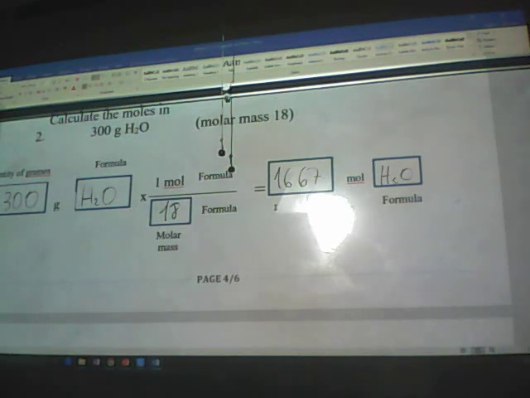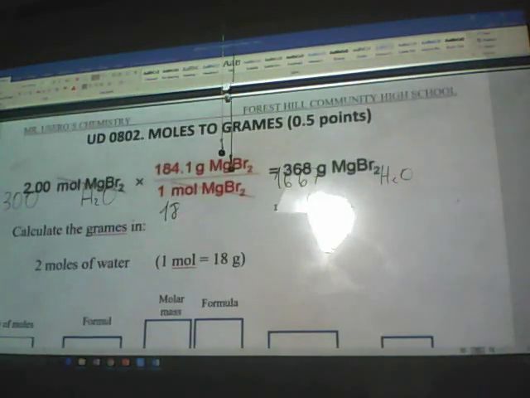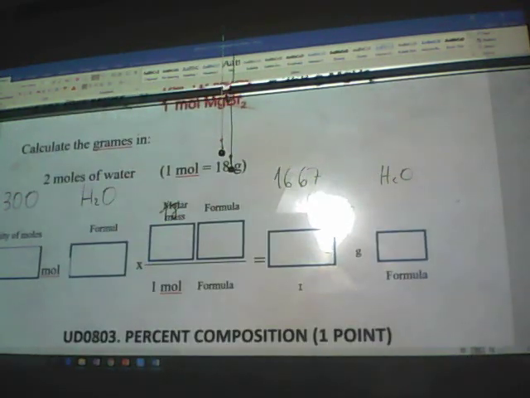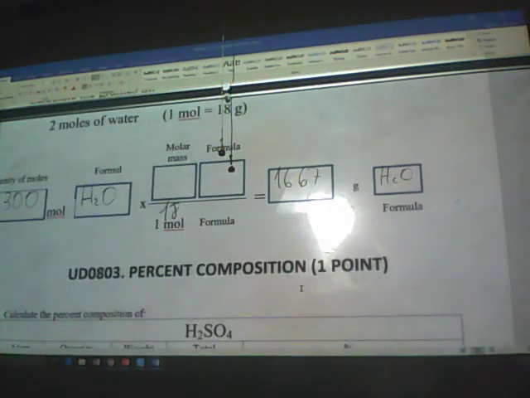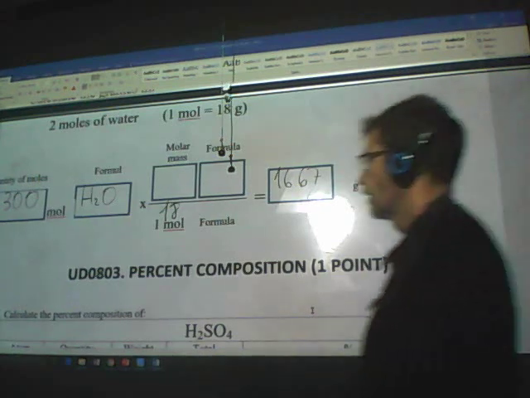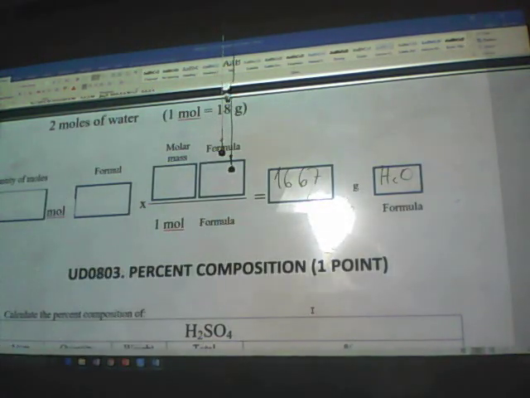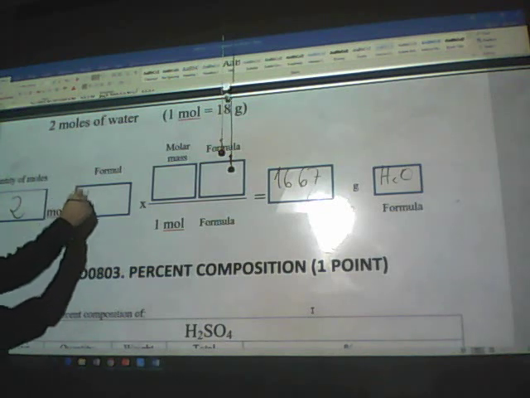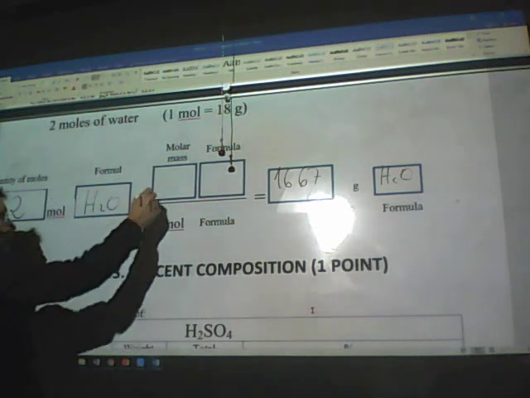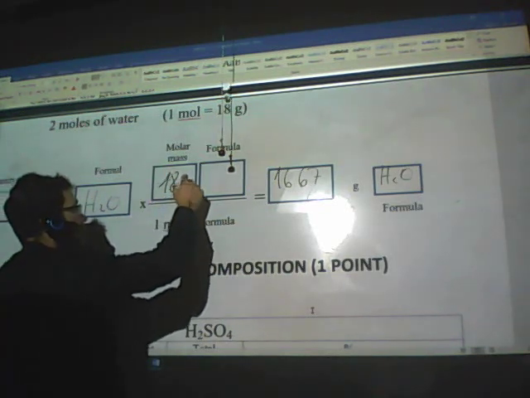Can I go on? I go on. Moles to grams. If you're getting from grams to moles, you have to divide. If you have moles and want to get grams, you have to multiply. You got 2 moles of water, and 1 mole of water is 18 grams.